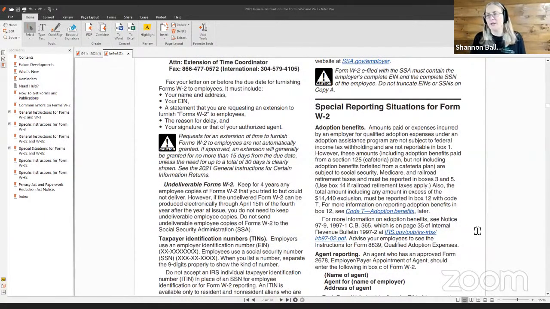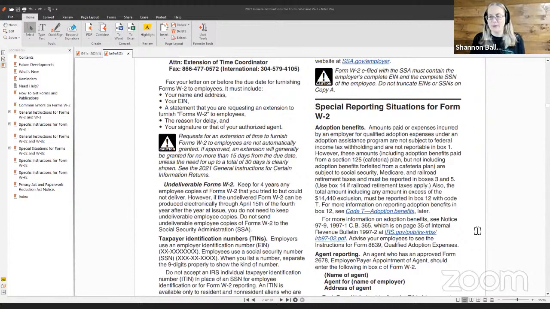Adoption benefits, amount paid or expenses incurred by an employer for qualified adoption expenses under an adoption assistance program are not subject to federal income tax withholding and are not reportable in box 1.